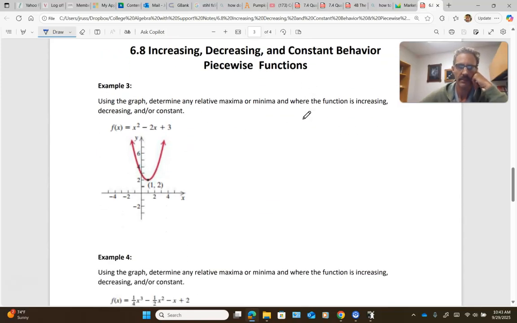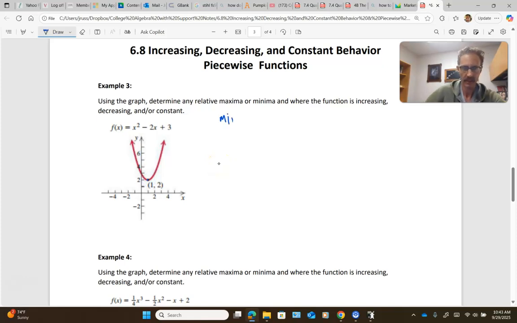All right, so let's look at example 3 here. It says use the graph and determine any relative maximum or minimum and where the function is increasing, decreasing, and or constant. Well, this function is quadratic, isn't it? And it clearly has a minimum that corresponds to this point right here.